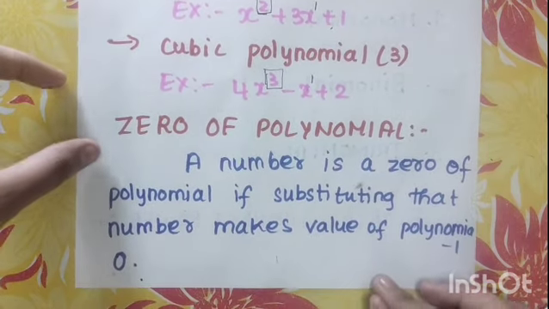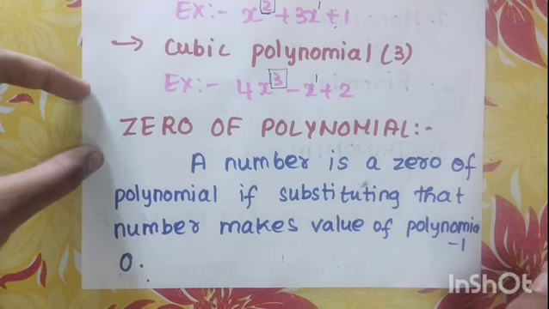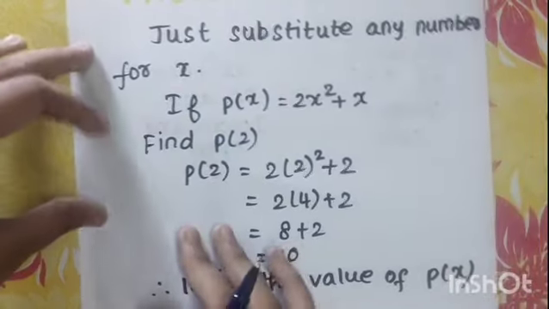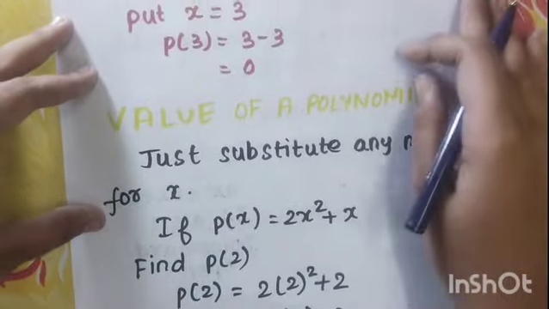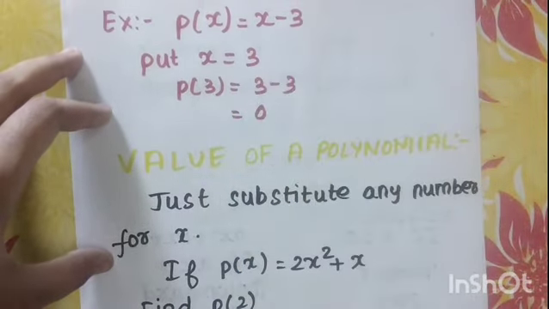Now moving on to the next concept, which is the 0 of the polynomial. First we'll see the definition. A number is a 0 of the polynomial if substituting that number makes the value of the polynomial 0. For example, let me take p(x) is equal to x minus 3.